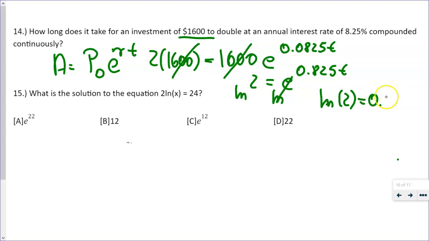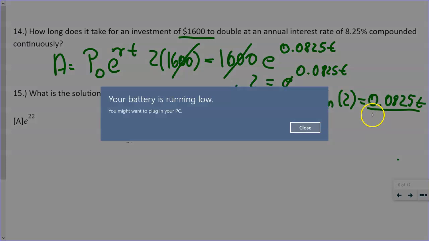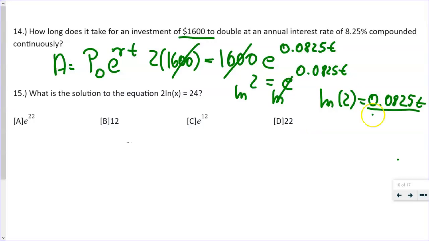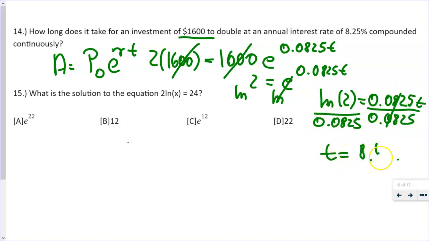Sorry, guys, I missed a 0 in there. Now, to solve for t, all I have left is to divide both sides by 0.0825. All right, so t equals 8.40.